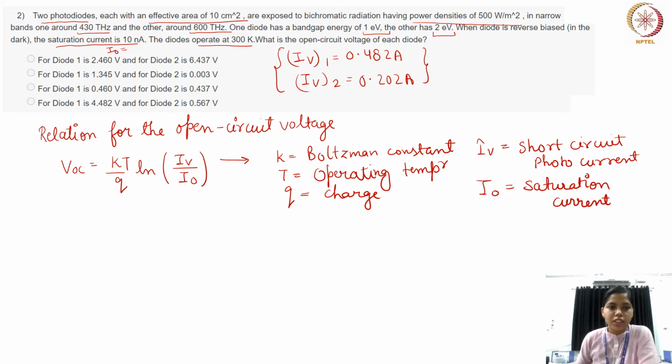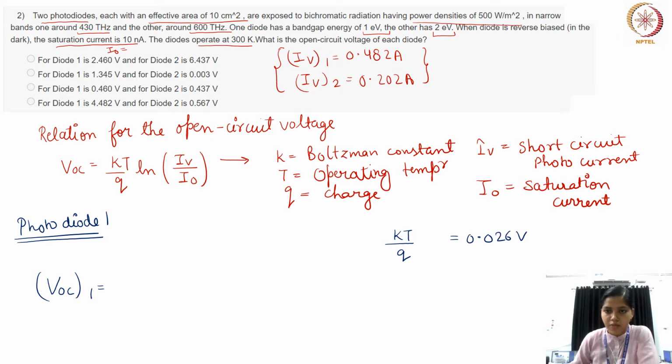So for the first photodiode, we can call it VOC1. The value of KT by Q is 0.026 volt, and it is a constant value.